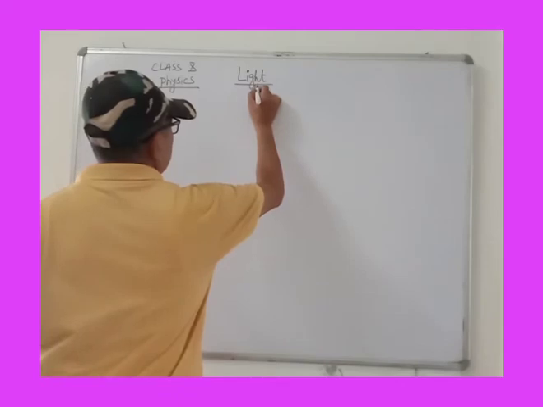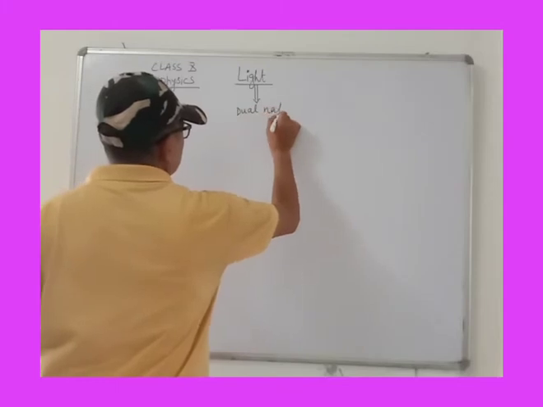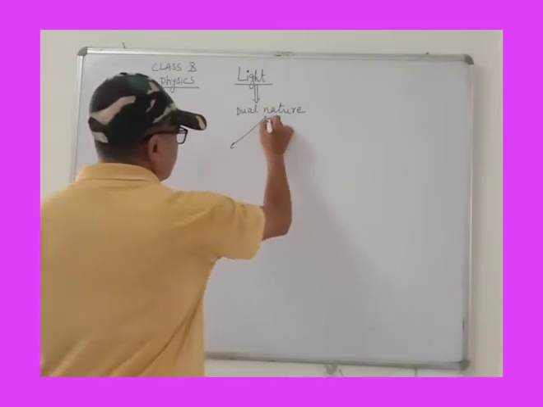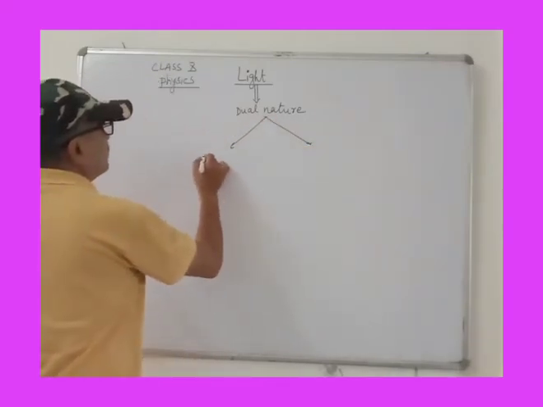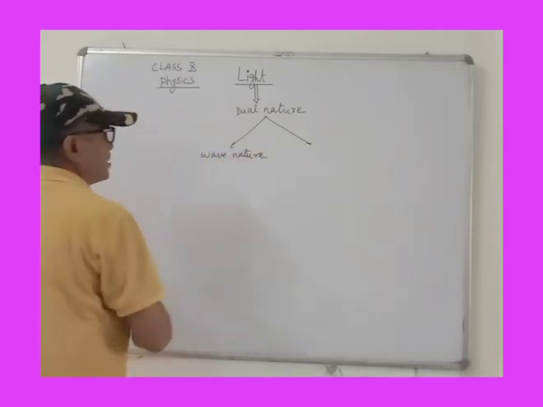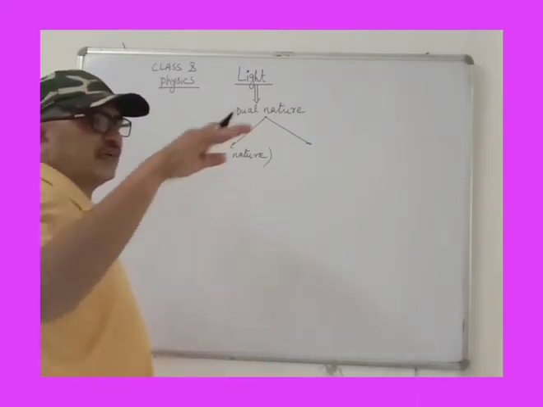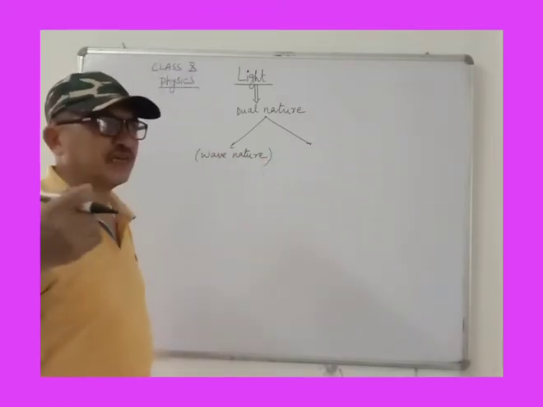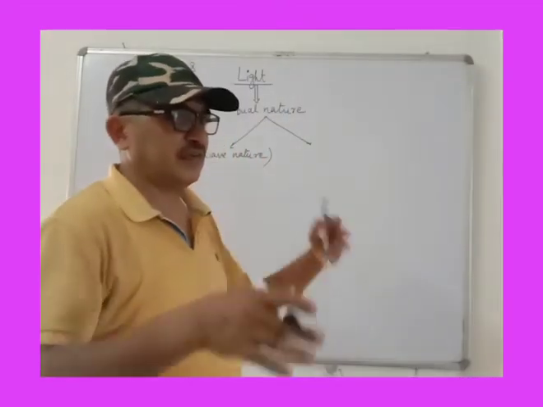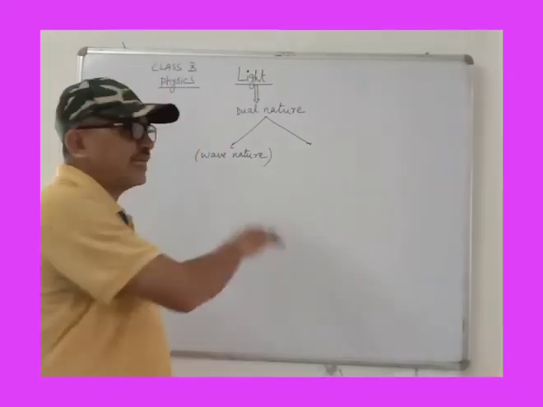Light, my dear students, light has dual nature. One is wave nature. Like wave of water, any kind of wave. String wave is also there, water wave is there, and even electricity current, alternating current also have some kind of wave, and electromagnetic wave is there.